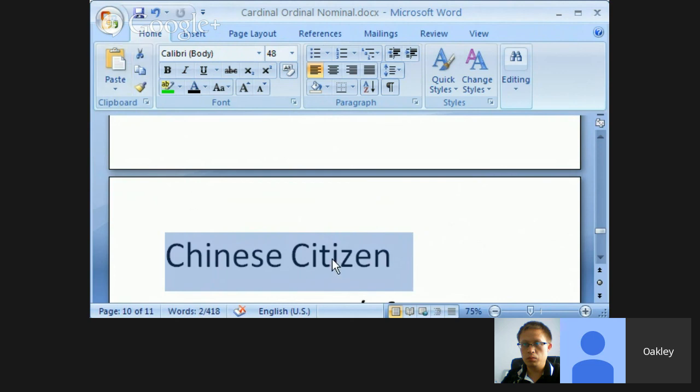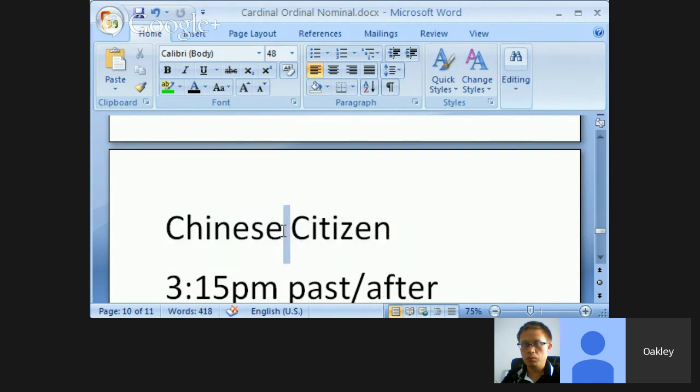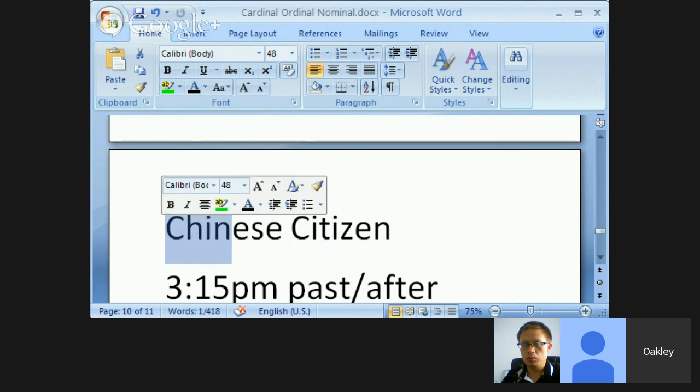Now, normally, if we separate the word, it's Chinese and citizen. But again, we have the same problem. Chinese citizen. He is Chinese.